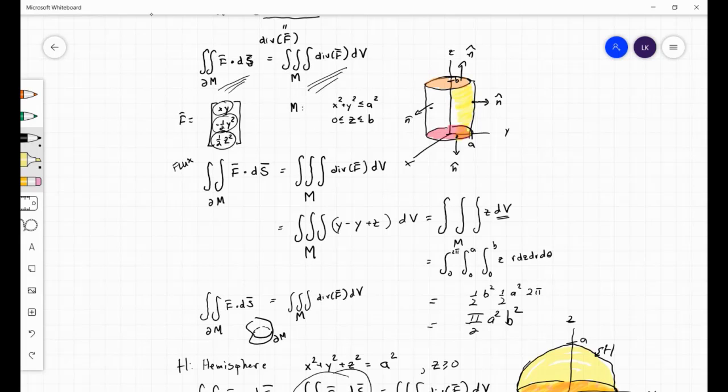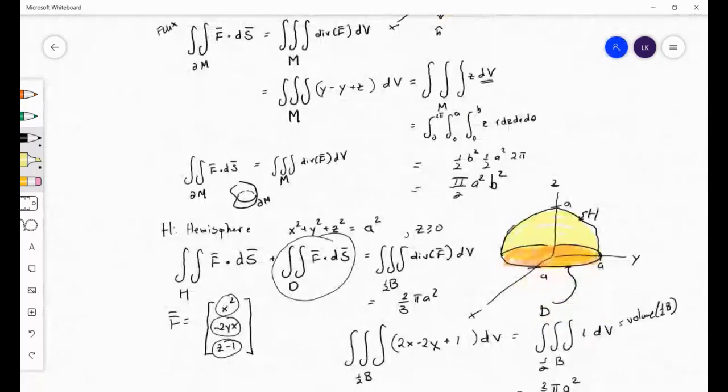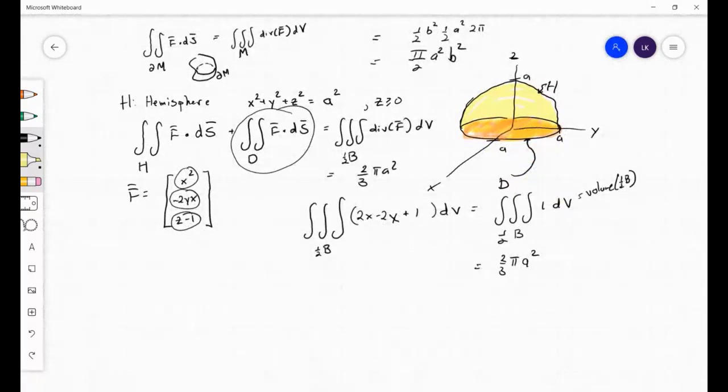This is important here, because if I were to integrate the flux integral over the upper hemisphere, my normal would have to be upward pointing. But if you're computing the flux integral over the bottom disk, that normal is downward.